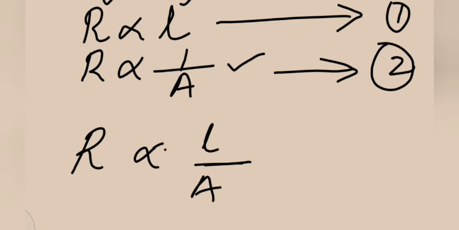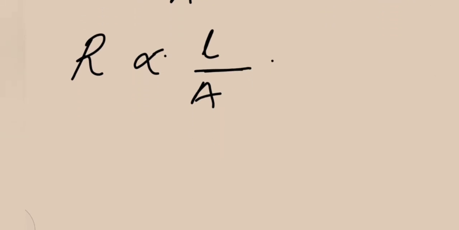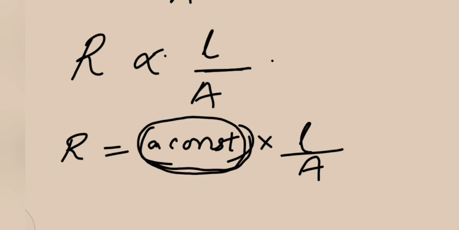When you have to convert a proportionality relation to an equation, we use a proportionality constant. So here we can say R is equal to a constant multiplied with length upon area. And this proportionality constant is actually the resistivity.